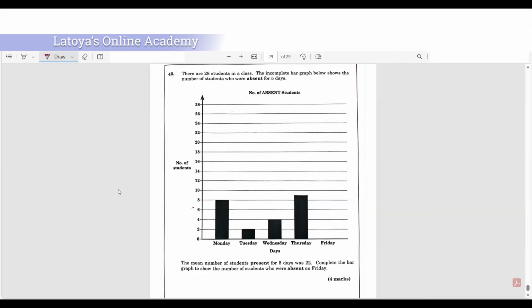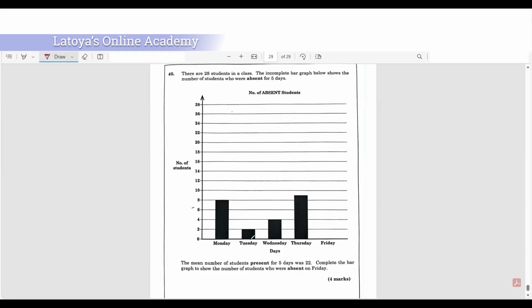There is another way in which we can work this question out. And I've been saying that there are multiple ways in which we can approach a question. So I'm going to do over the same question, but using another approach. The question told us that there are 28 students in a class, and the incomplete bar graph below shows the number of students who were absent for 5 days.